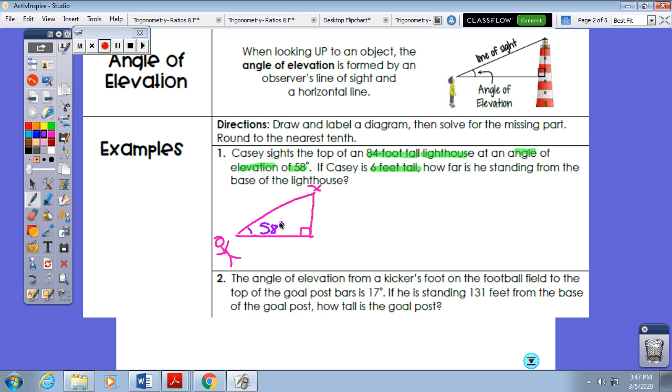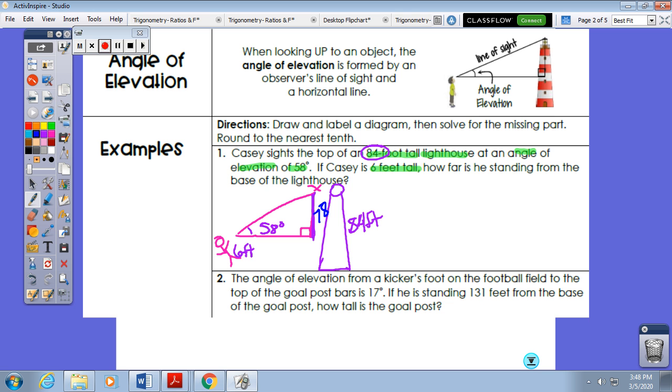He is 6 feet tall, that's what they're telling us. And the lighthouse itself is going to be 84 feet tall. So that's 84 and he's 6. We need to look at this measure right here. 84 minus 6 is going to give us 78. So this measure is 78 feet.